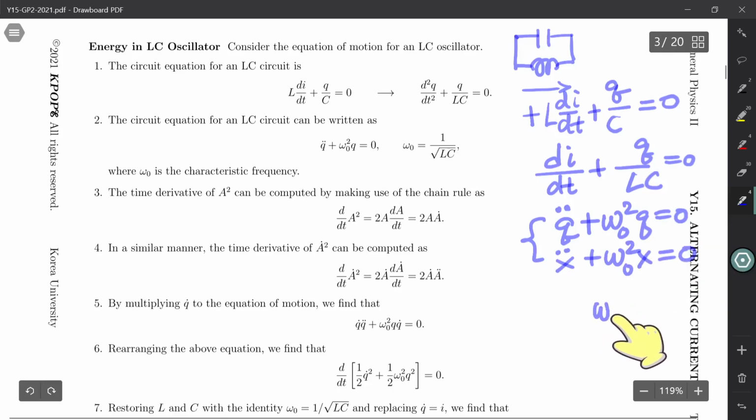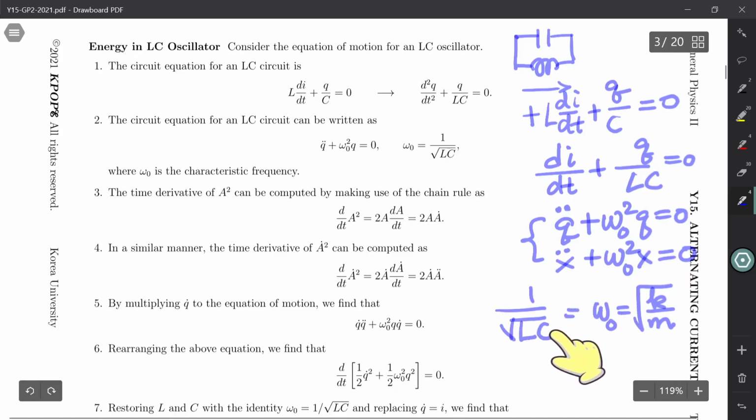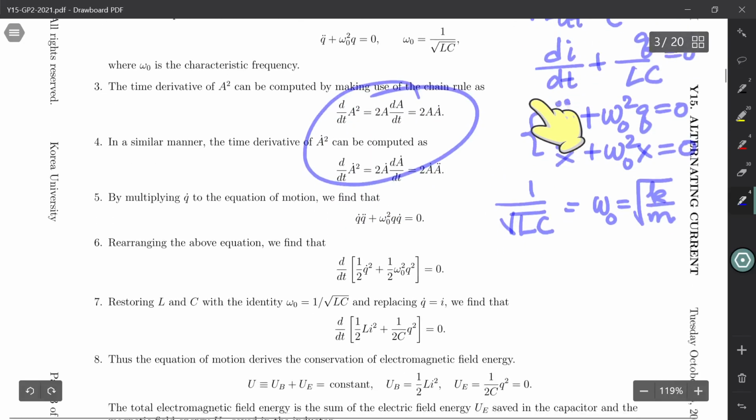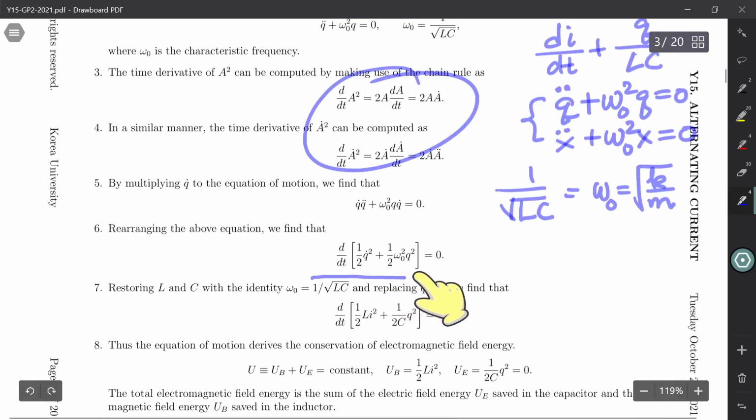In the simple harmonic oscillator, omega 0 was the square root of k over m, and in the LC oscillator, omega 0 is 1 over square root of LC. We use the same method to find out this amount is conserved.